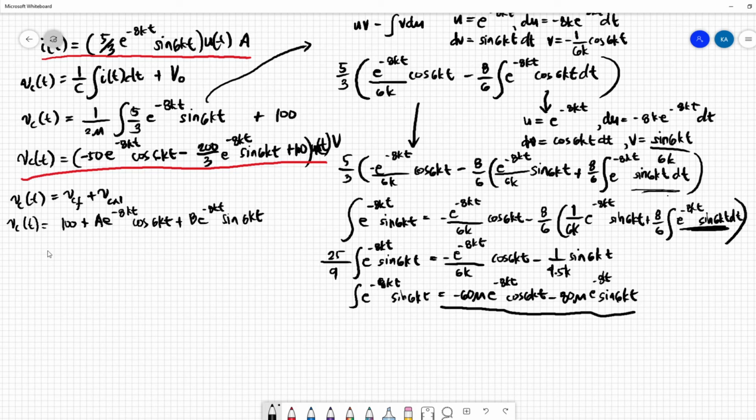Solving for the values of A and B, at t equals 0, we have 50 equal to 100 plus A plus 0. So our A is equivalent to negative 50.